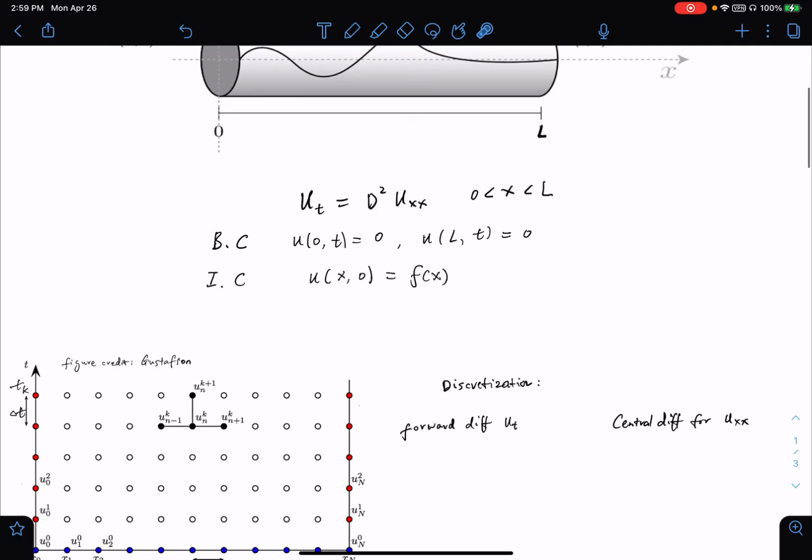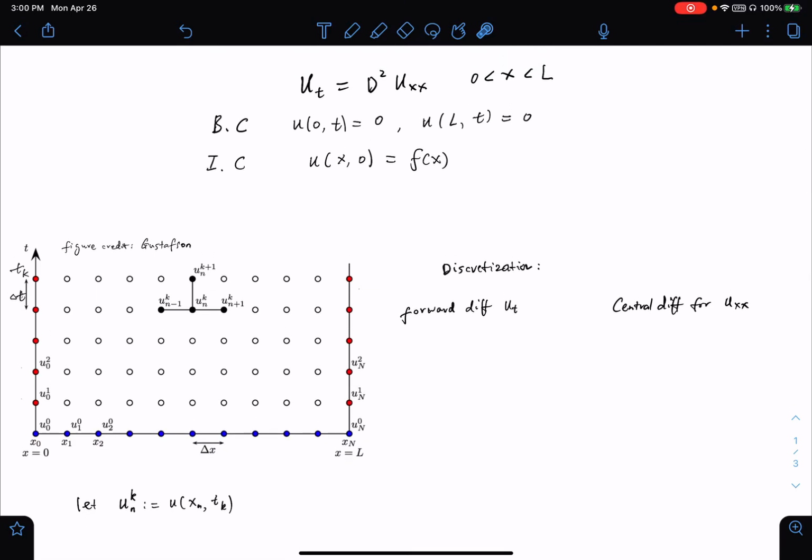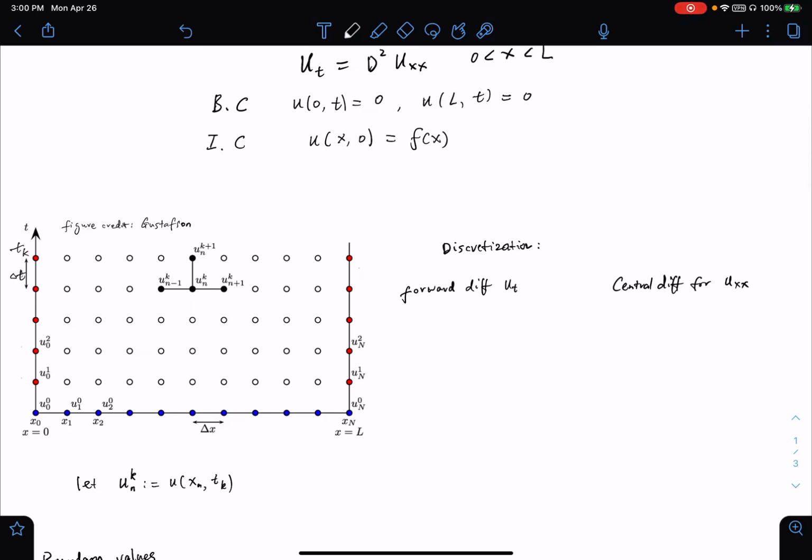So let us first apply the finite difference scheme that we have discussed earlier. We are using the forward difference scheme for the time derivative, and a central difference formula for the second order partial derivative uxx, as we have seen in our previous video. Let us write down these formulas for every point x and t.